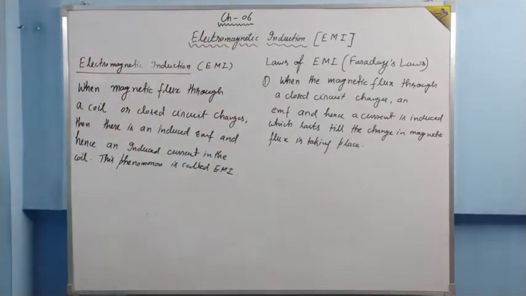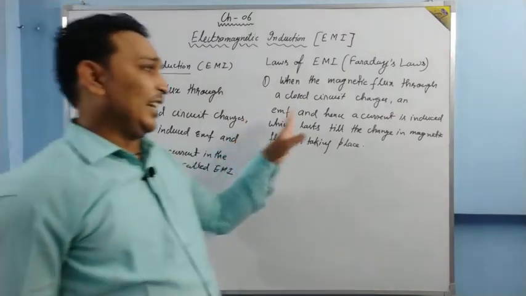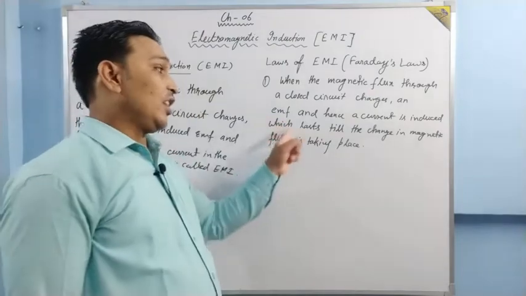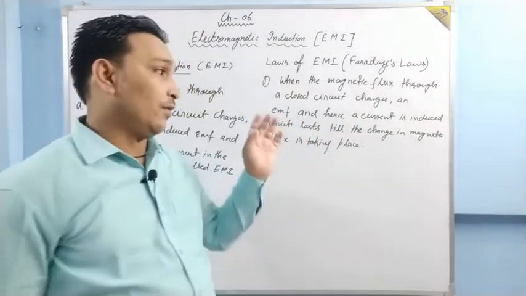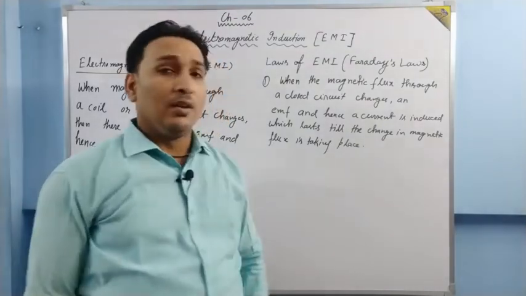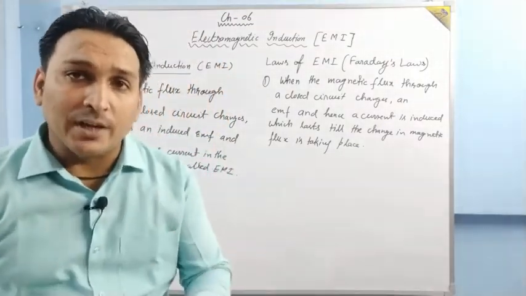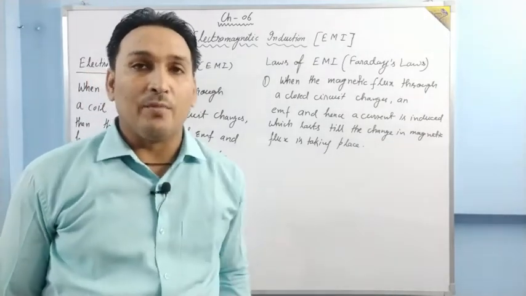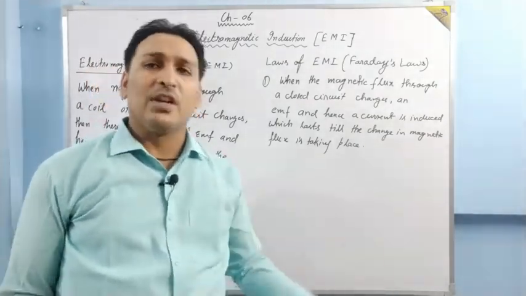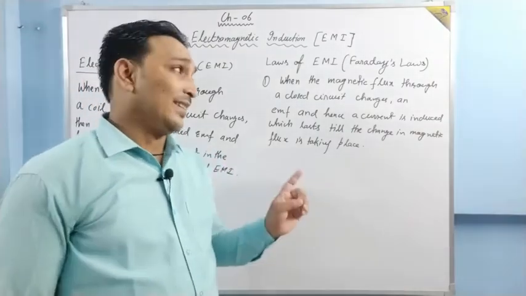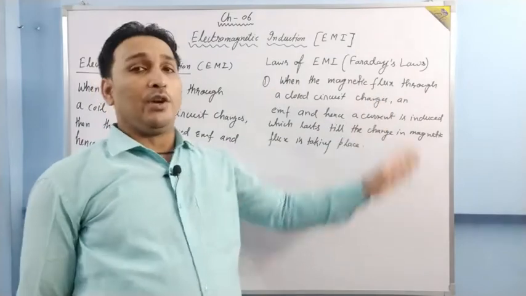When the magnetic flux through a closed circuit changes, an EMF and hence a current is induced, which lasts, which means exists, till the change in magnetic flux is taking place. If the change in magnetic flux stops because the motion of the magnet stops, or the motion of the loop stops, or for anything, if the magnetic flux is not changing, then the current will not be induced.